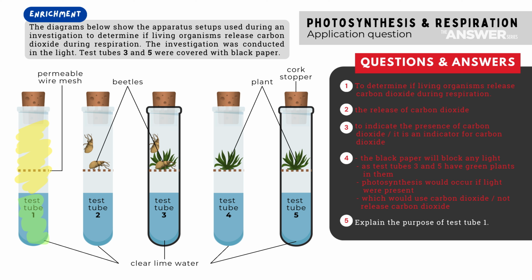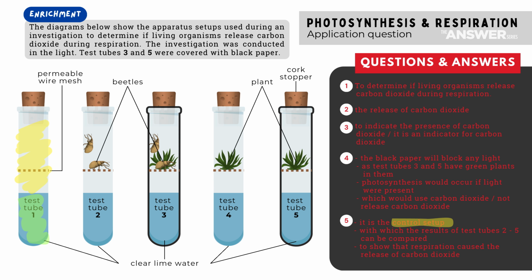So maybe the test tube's lime water would change just because it wants to. And we call this type of setup the control. Its purpose is to allow us to compare the results of test tubes 2 to 5 with it so that we can definitively say that it's the living organisms that are present, performing respiration and releasing carbon dioxide, responsible for changing the lime water. It's not just because lime water would naturally change into a milky color if no organisms were present.